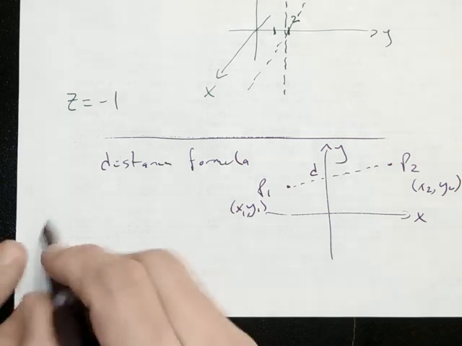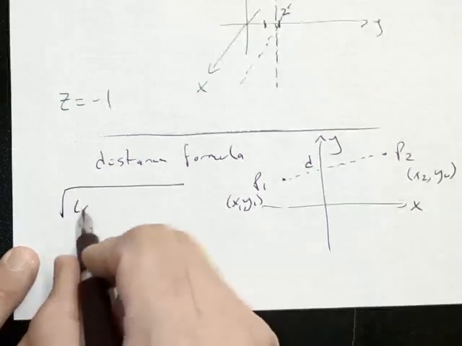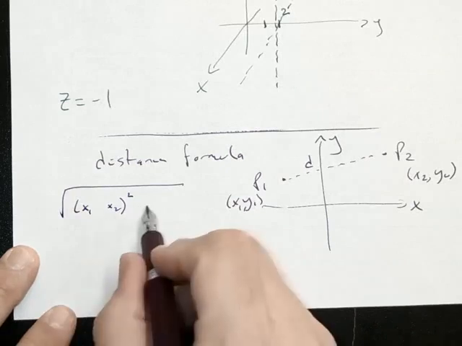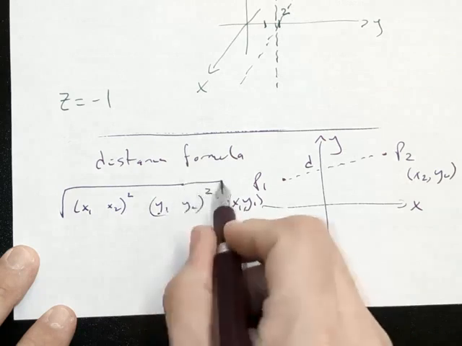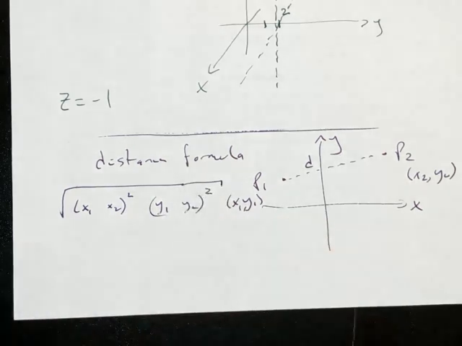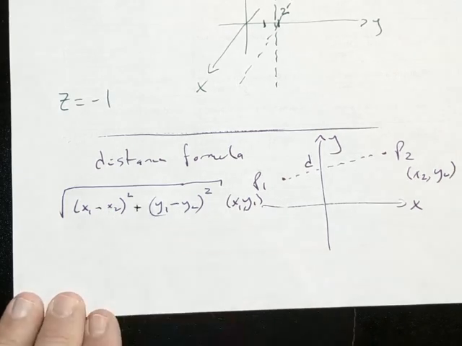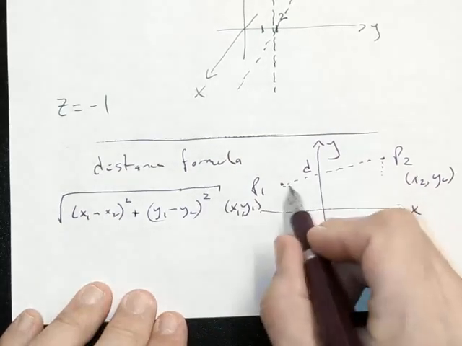This one is x2 squared. And then y1, y2 squared. I need some operations in there. x1 minus x2, and y1 minus y2, and then a plus in the middle, because what we really did is we made a little right triangle.